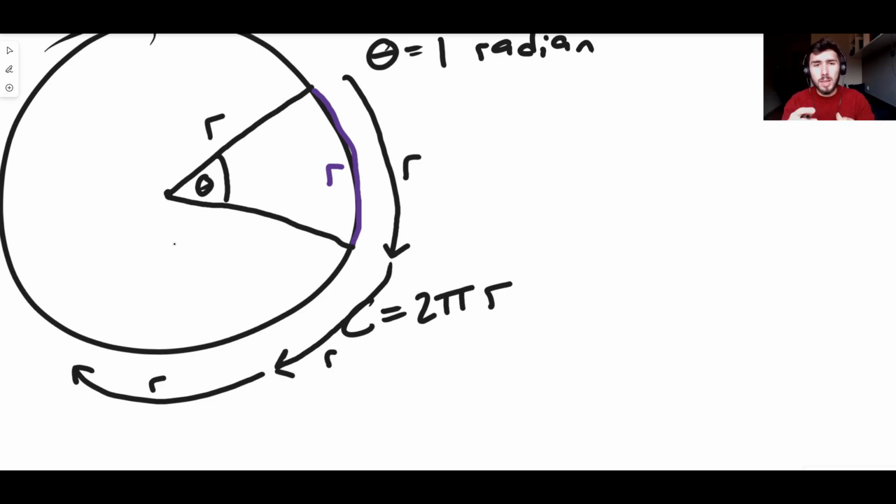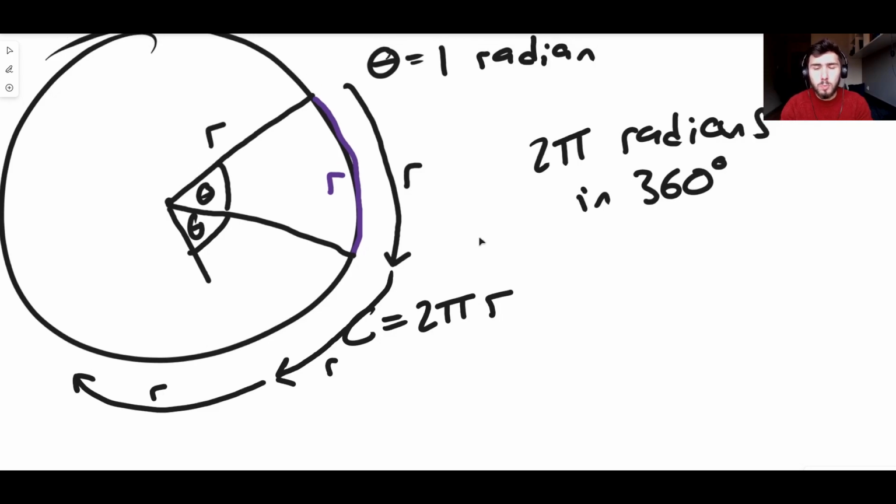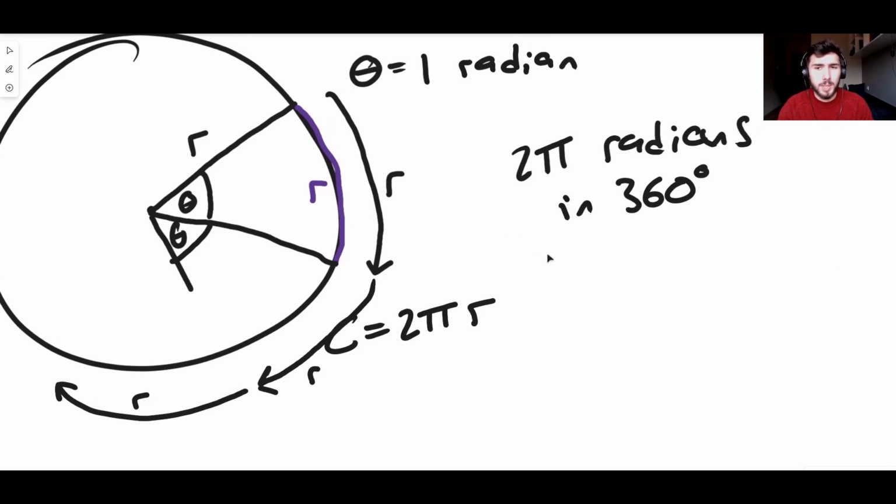Each angle theta corresponds to 1 r, which means you have 2 pi radians in 360 degrees. That's why it happens: you need 2 pi radii to go round, and each radian corresponds to 1 radius. So 2 pi radians is 360 degrees.